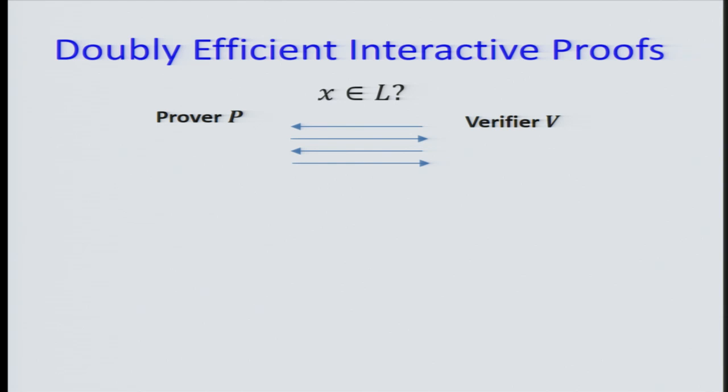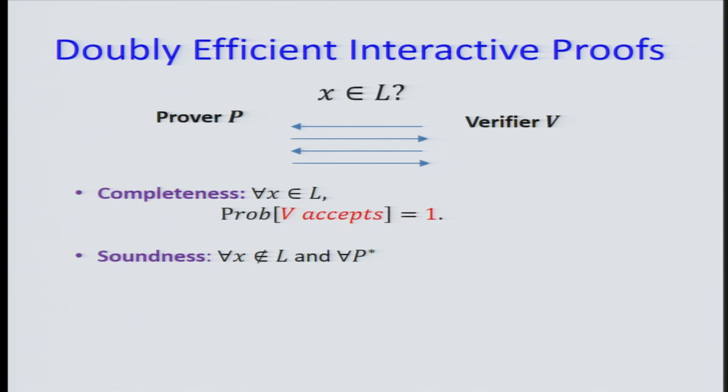OK, so let's be a little bit more formal. So we have our verifier, we have our prover. And we want to have the following conditions. So they interact. And when x belongs to the language L, as usual, we want completeness. So let's say that the verifier accepts with probability 1, so perfect completeness. If x doesn't belong to the language, here I really want statistical soundness.